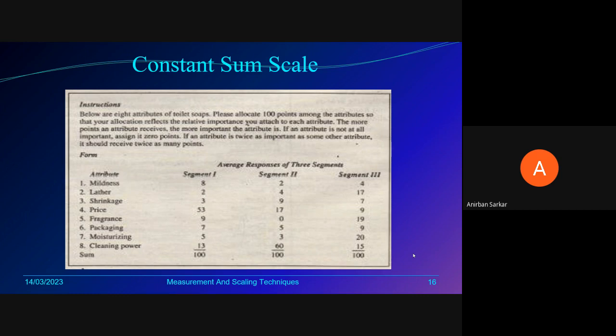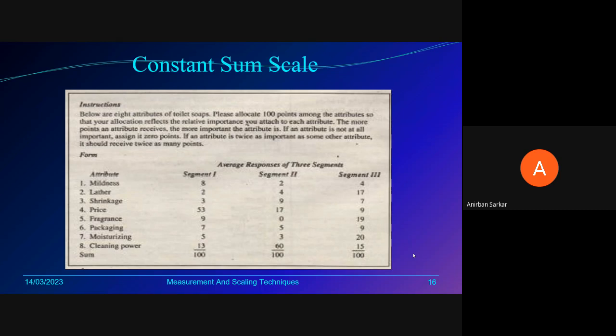If you have not used these 100 points in a balanced manner, let me give you one example. Just check segment 1. You have given 13. From 20 to 50, you have not used the scale. Again, from 60 to 100, you have not used the scale.